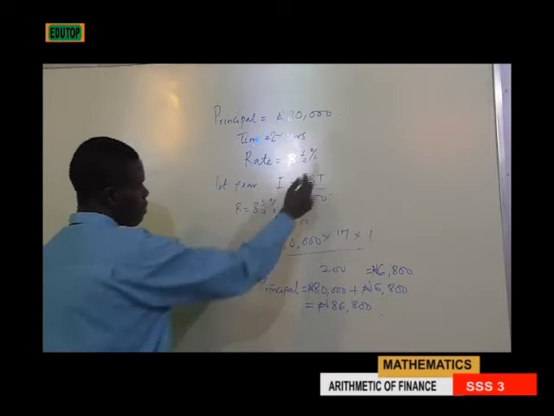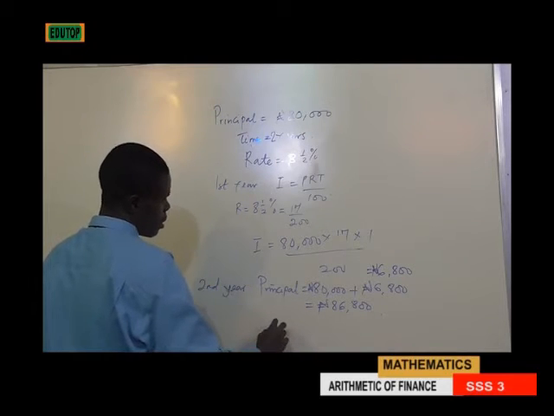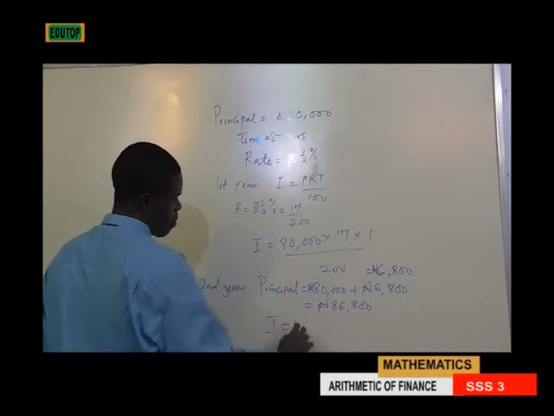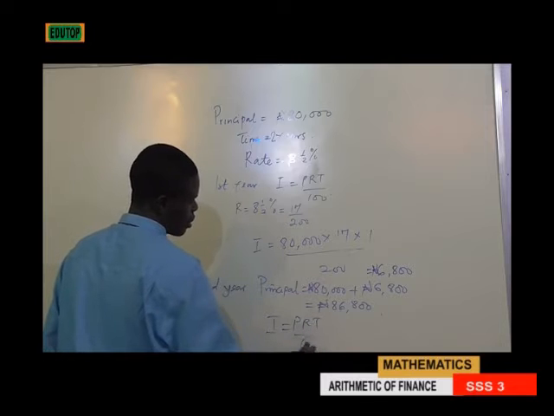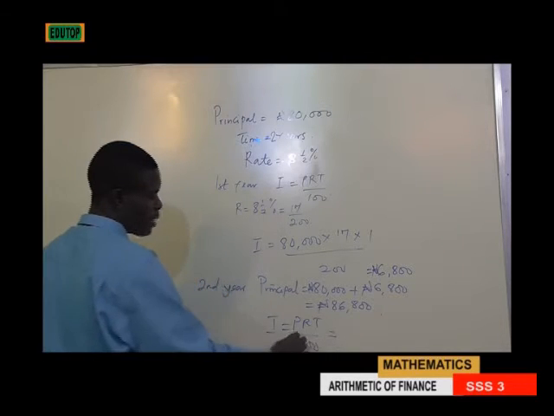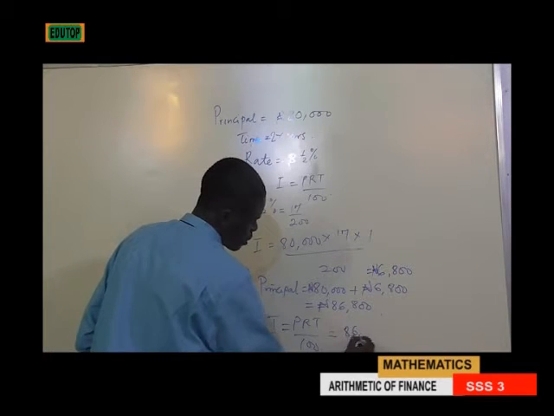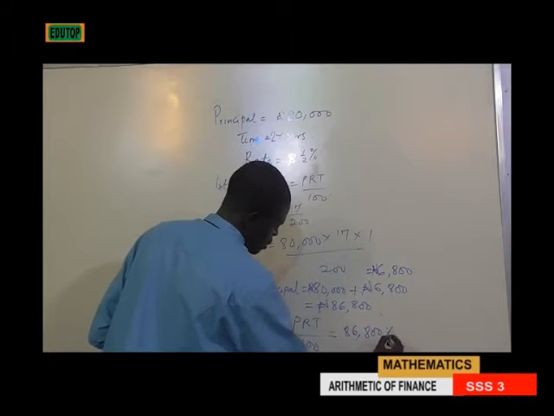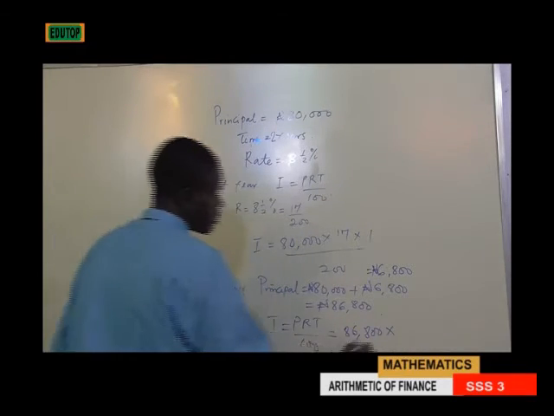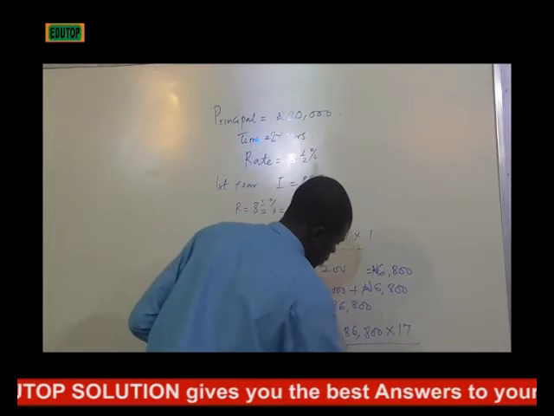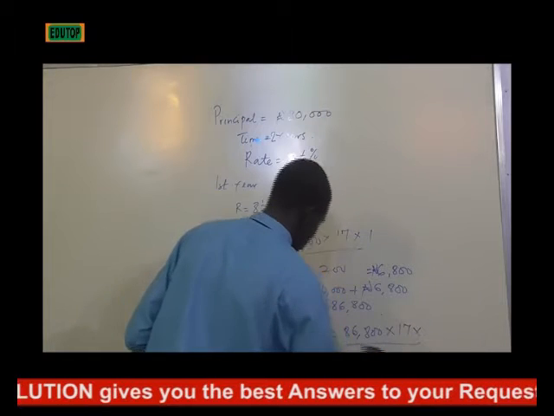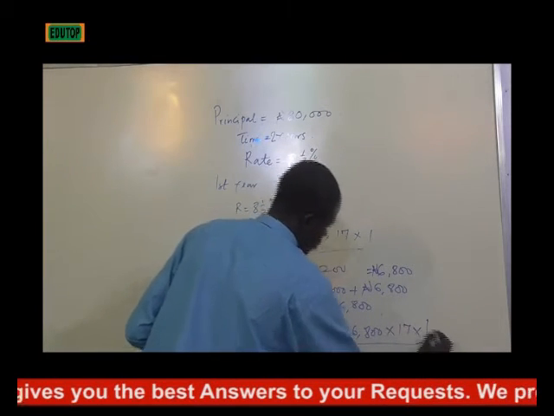So we still imbibe this. So we have I equals to PRT over 100. But the principal this time around will change from the original, and that will be 86,800 times the rate, which is still the same, 17 over 200, times the time, which is also 1 year.